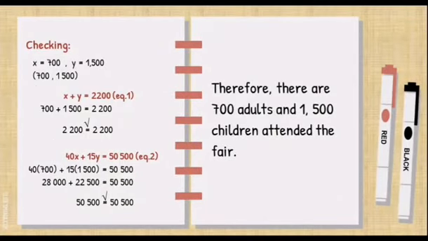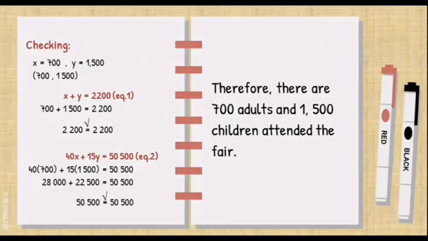So for checking, x is 700 and y is 1,500. For equation 1, x plus y equals 2,200, x is substituted by 700 and y by 1,500. So 700 plus 1,500 is really 2,200, which is correct. For equation 2, 40x plus 15y equals 50,500.